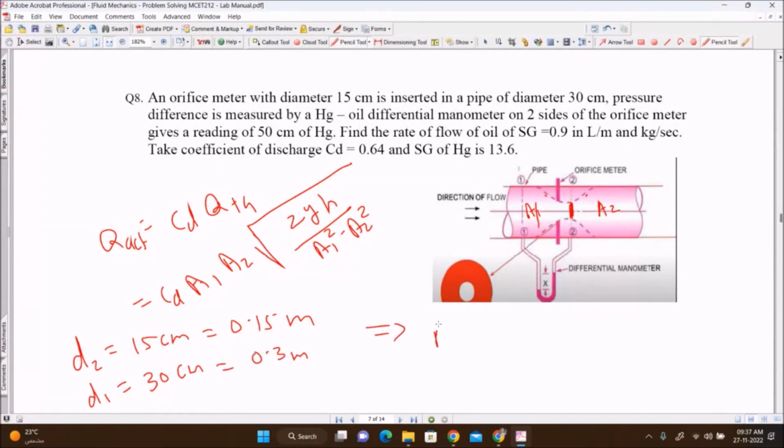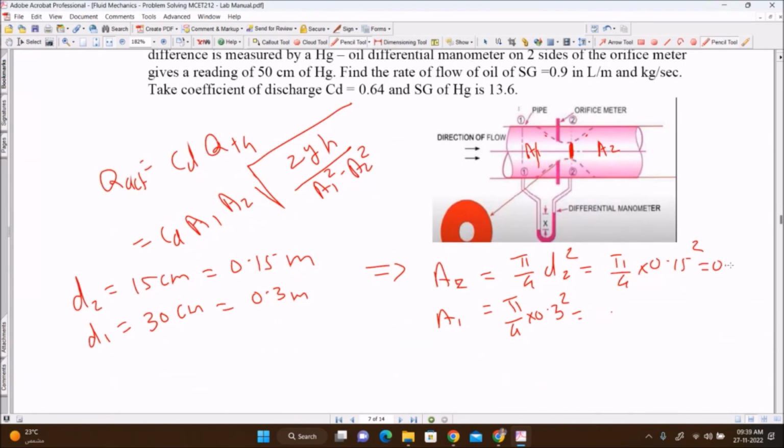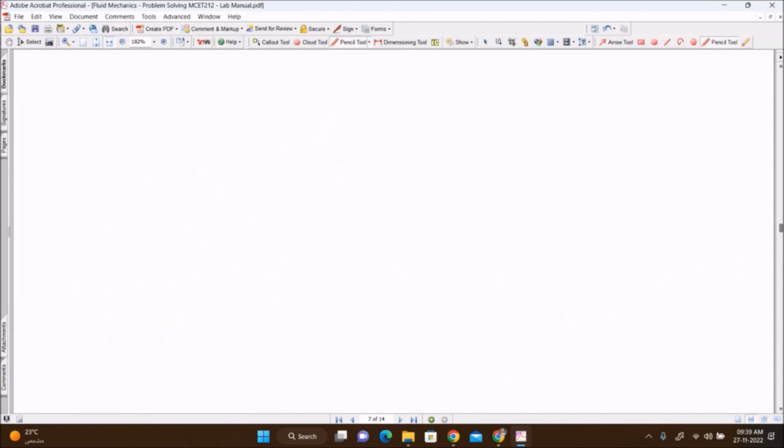So calculate the area. A2 is equal to pi by 4 D2 square, pi by 4 into 0.15 square, is equal to 0.01767 meter square.